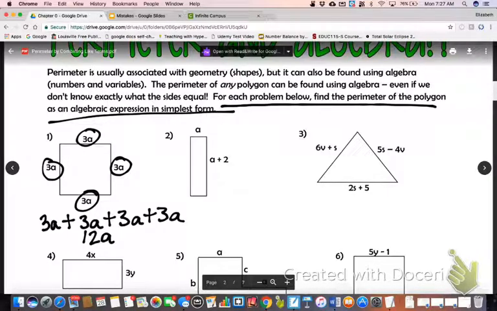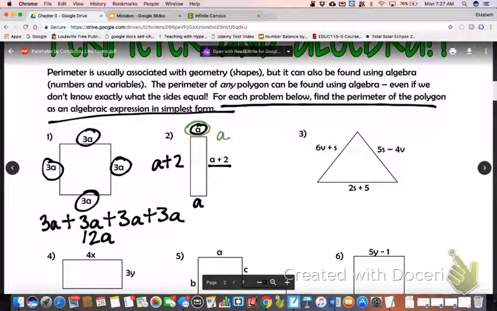Number 2 is missing a couple of sides, but because it's a rectangle, I can still figure out what all the sides are. If this top one is A, that means the bottom is going to be A. And because this one on the right is A plus 2, that means the one on the left is also going to be A plus 2. So again, to find the perimeter, I need to add all 4 sides together.